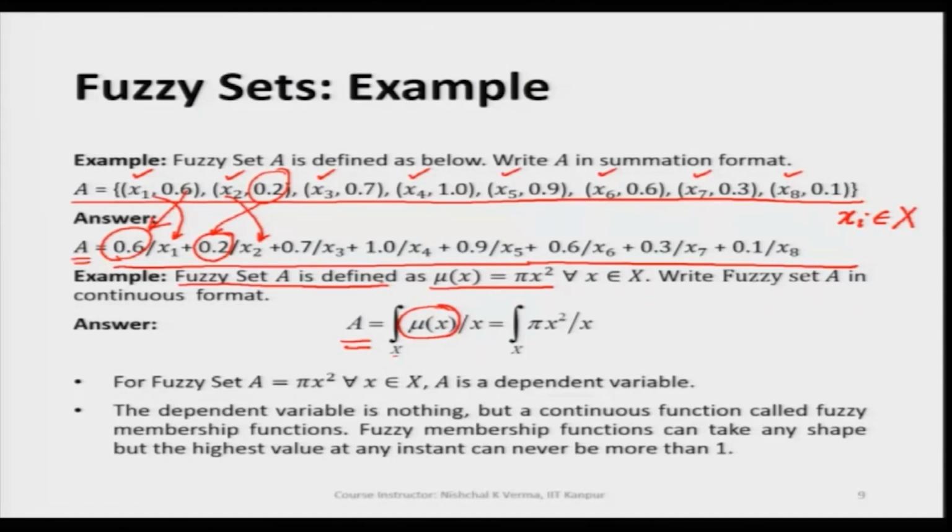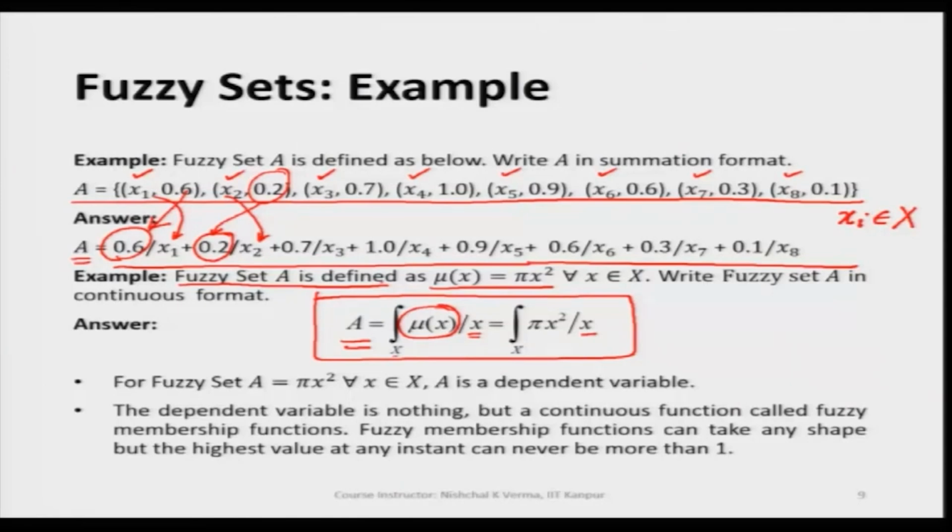These elements are coming again from the universe of discourse, which is a generic variable, normally we call it a generic variable. So, we write the generic variable x here, and now if we replace this mu x by pi x square, in place of mu x we write pi x square, and then we separate by a slanted line the generic variable, and this becomes our fuzzy set in continuous format.